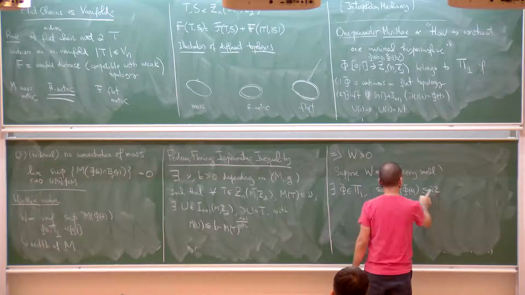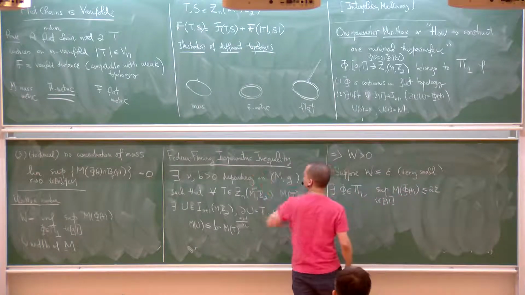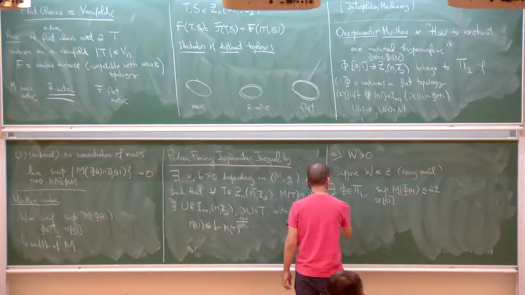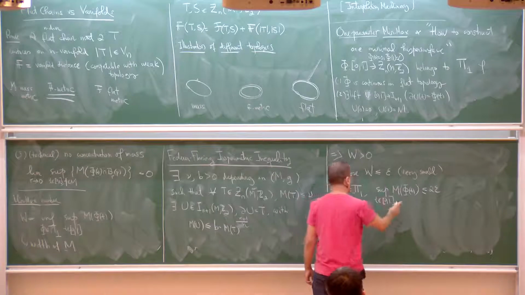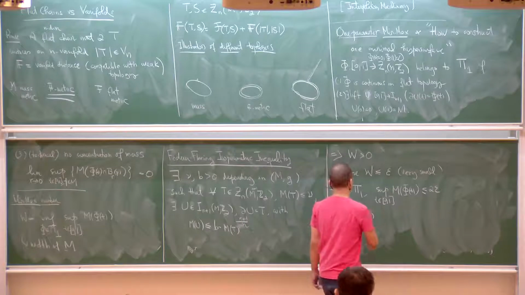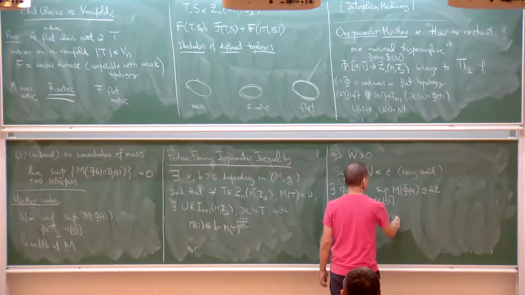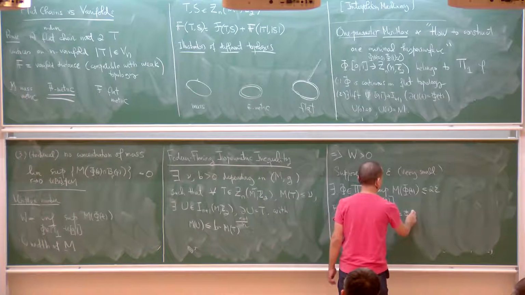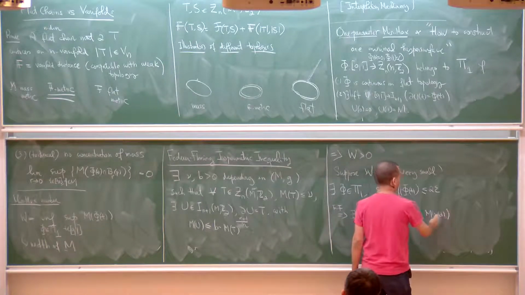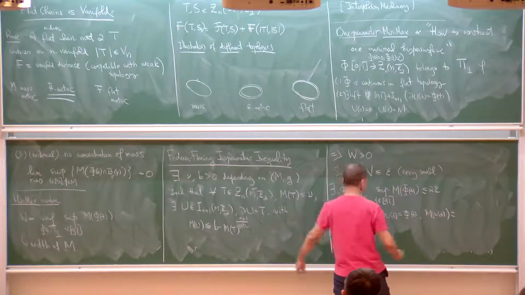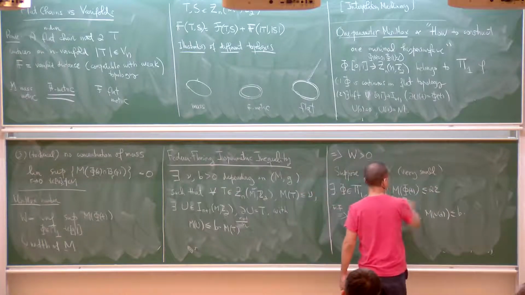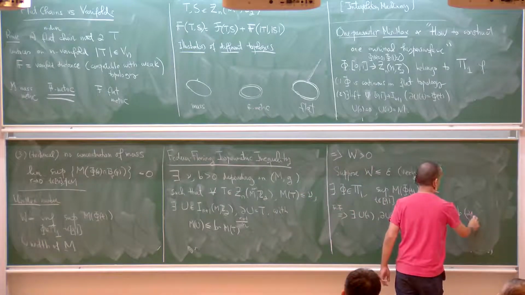So if epsilon is very small, I can apply the Federer-Fleming isoperimetric inequality to every phi of t. Federer-Fleming is going to say that there exists a chain U of t such that the boundary of U of t is equal to phi of t, and such that the mass of U of t is bounded by b times the mass of phi of t, which in this case is at most 2 times epsilon.